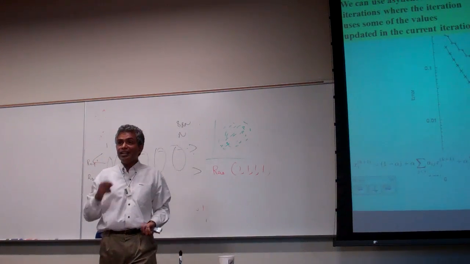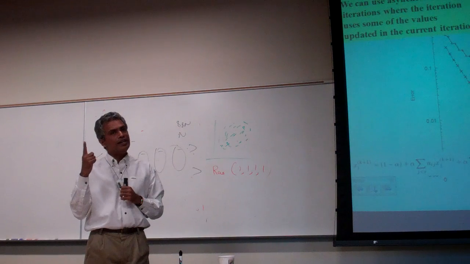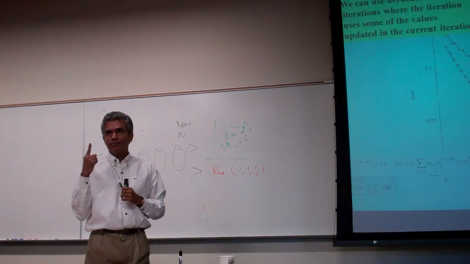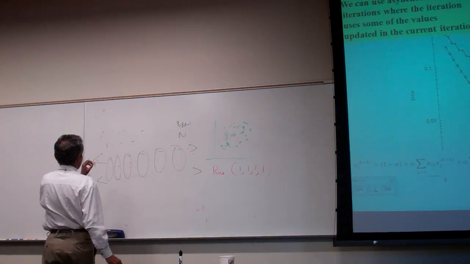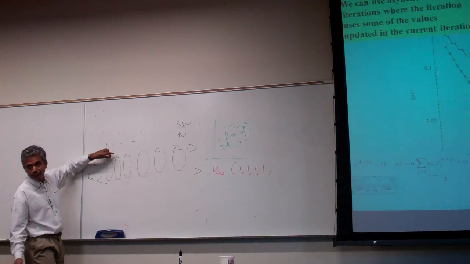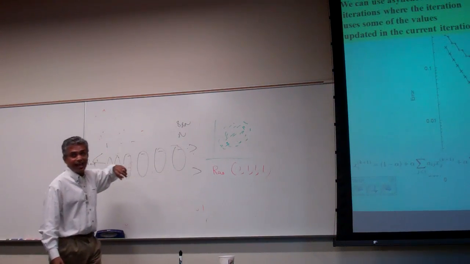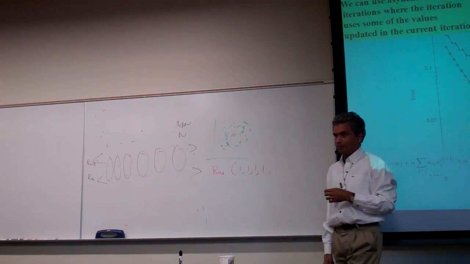The way I am saying it, you change things in place, so you only need one vector ever. The moment you recompute one node's PageRank, you just change that number there. So that's another very interesting way in which you can improve the speed.